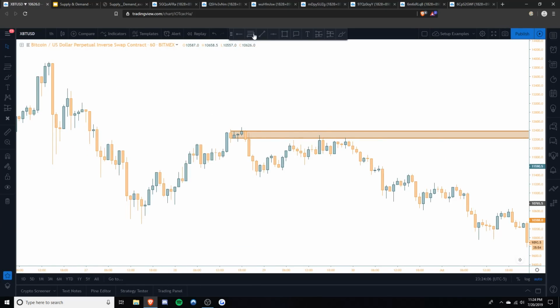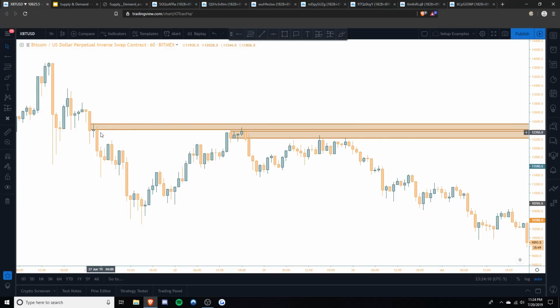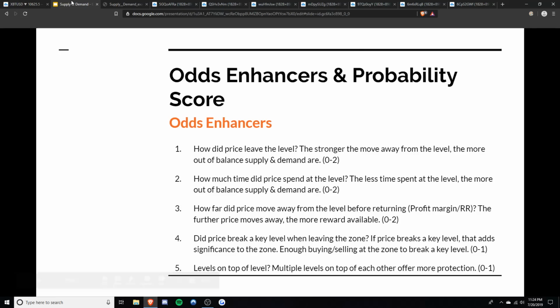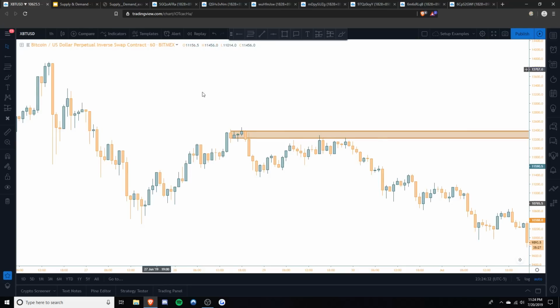You do have this supply zone, and you do have another supply zone right here. So yeah, you could say you have 2 levels on top of levels. Well, I don't know if you'd count that actually. It has already been consumed whenever price went up here. So again, no, I would say you don't. So that's a 4 on the probability score. So typically, I would not trade that.